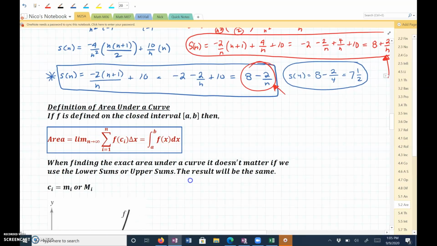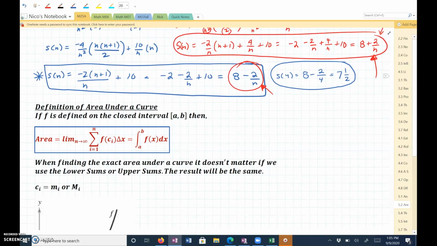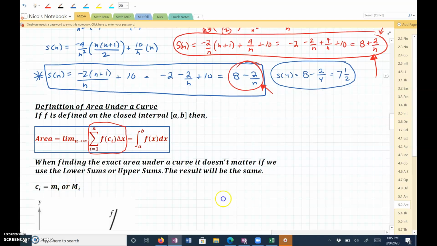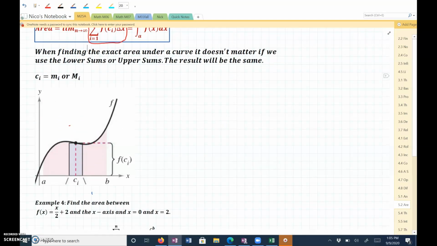All right, so the definition of the area underneath the curve, if f is defined on the closed interval [a, b], then we're going to use this guy. That formula looks like lower sums or upper sums. The only difference is we're going to use this c sub i instead of lowercase m sub i or uppercase M sub i. Okay?